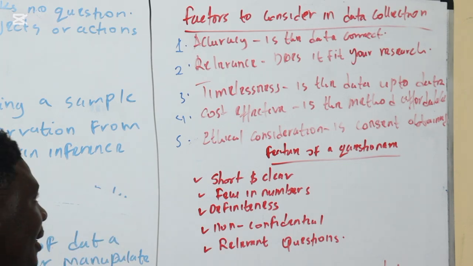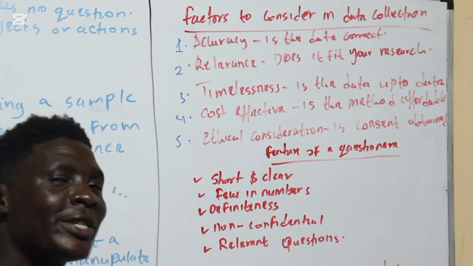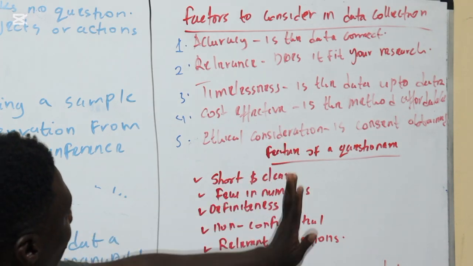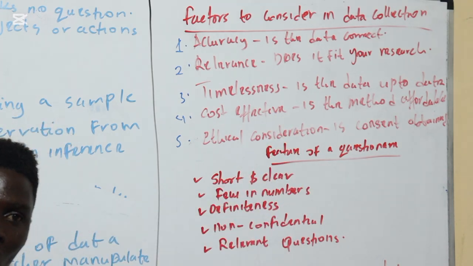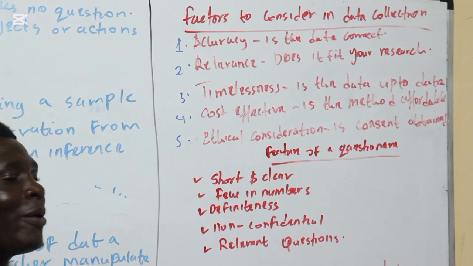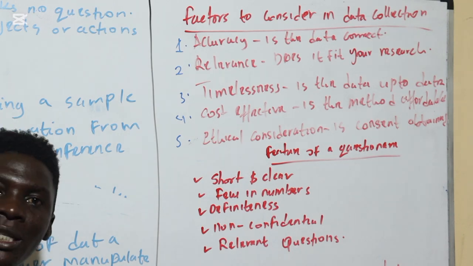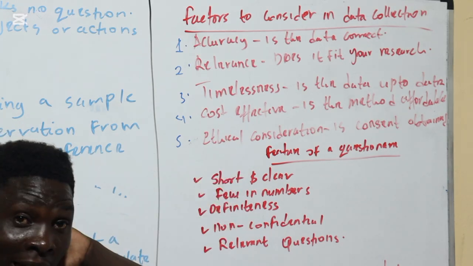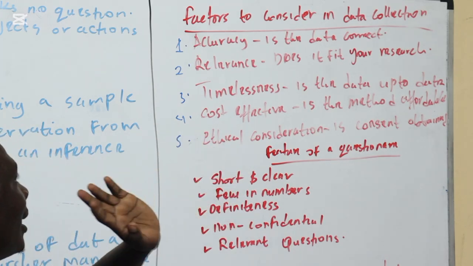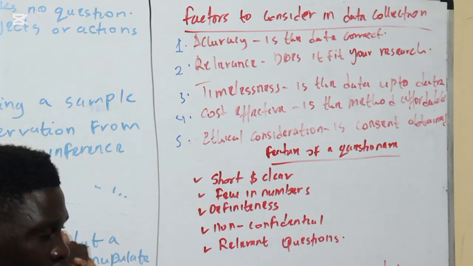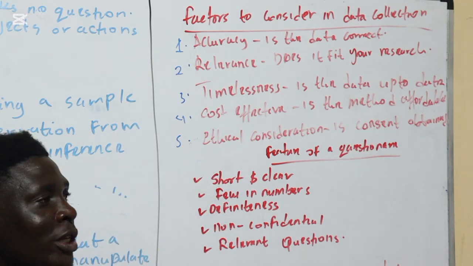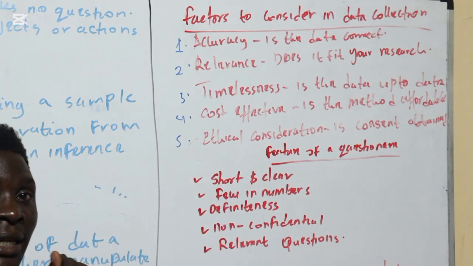Then number 3, timeliness. What does it mean? It means: is the data collected up to date? You can be doing research, then the data you are collecting is obsolete, written off. When I teach research, I always tell my students while choosing a research question, choose a research question that will give you relevant data.